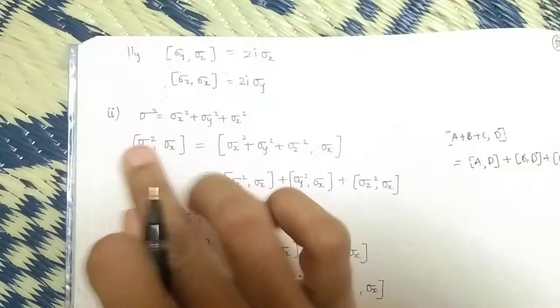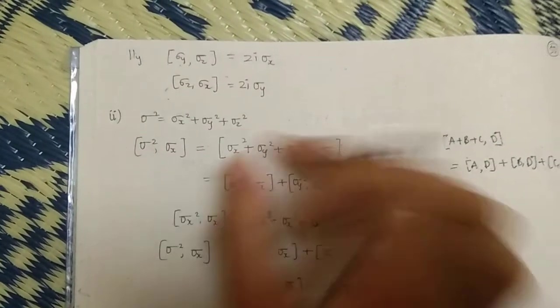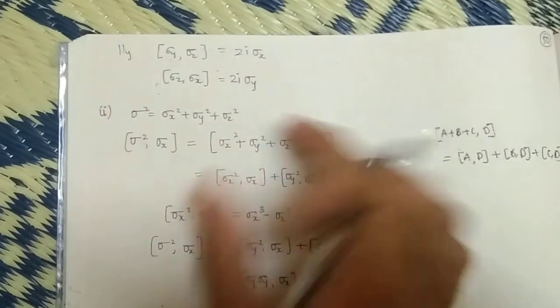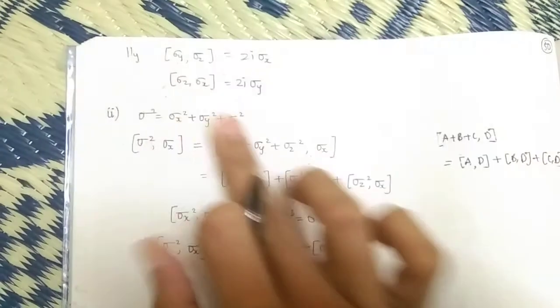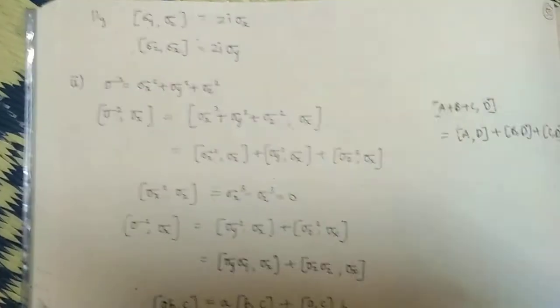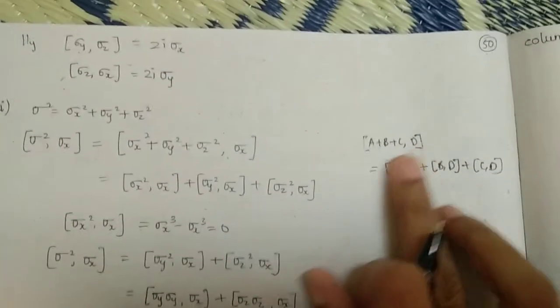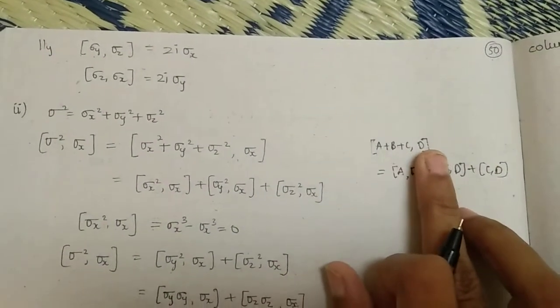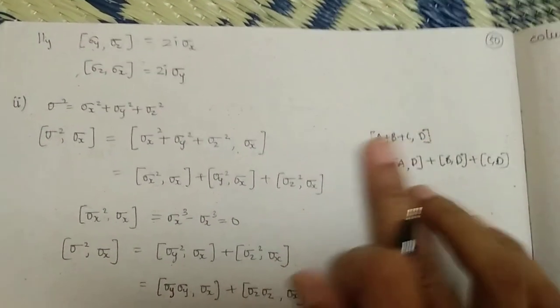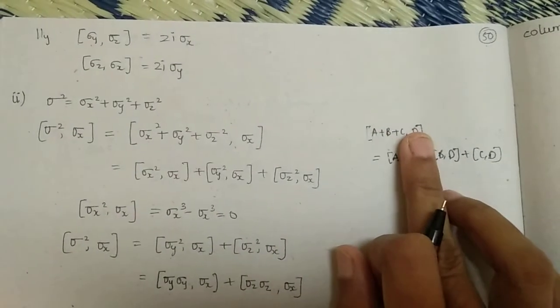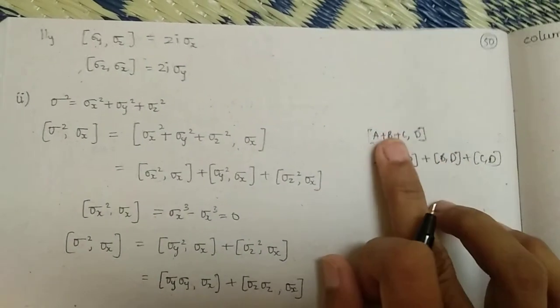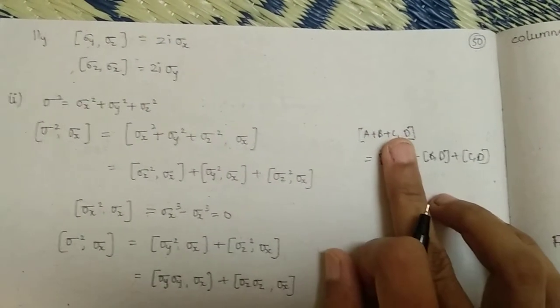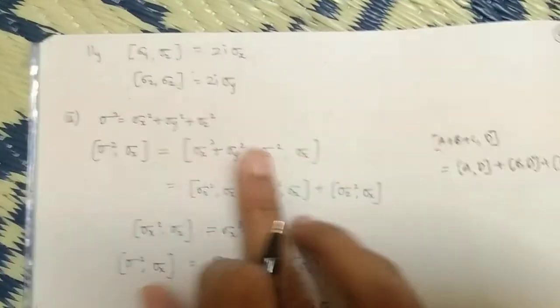So if we do commutation of sigma square with sigma x, so this is the commutation. In the place of sigma square we are having this one and sigma x. Now we already know that commutation of a plus b plus c, d is nothing but we have to distribute this plus sign. So commutation of a d plus commutation of b d plus commutation of c d. So here also the same thing.